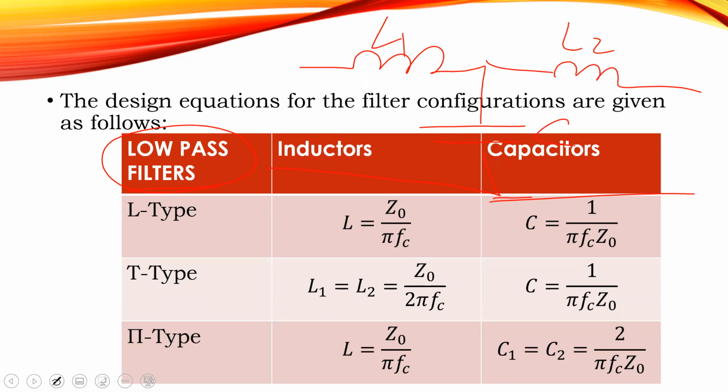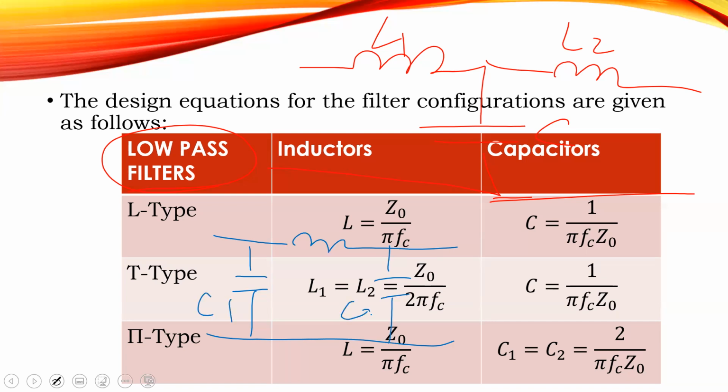All right. And if we convert it to pi, we would have L, and then we'd have the C's there. So this would be C1, this would be C2, and that would be L. These are the values.